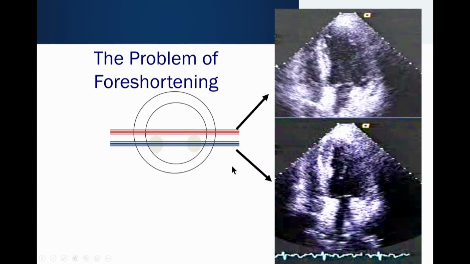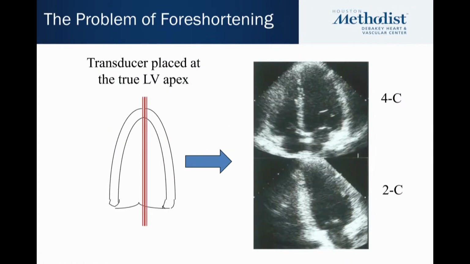Foreshortening can happen in any view, particularly in the apical views. And in the apical views, we have another type of foreshortening, which is not having the transducer right at the LV apex. If you're at the apex, you should have a four-chamber and a two-chamber view with the apex pointing pretty much towards the transducer.